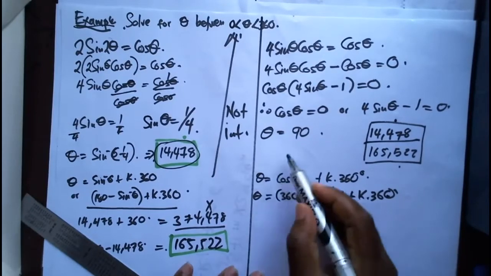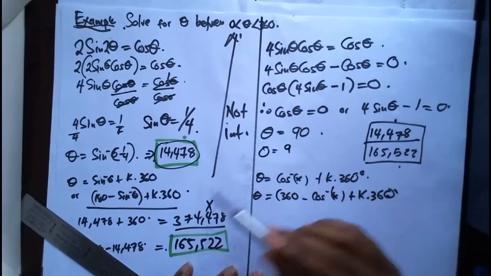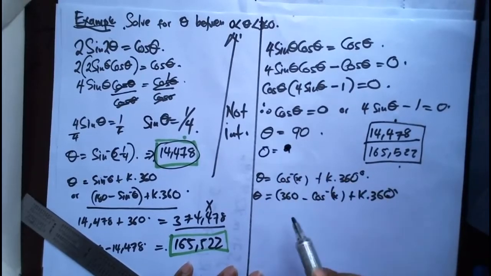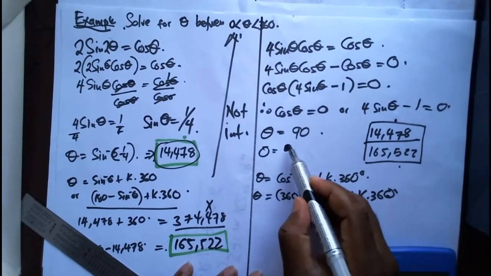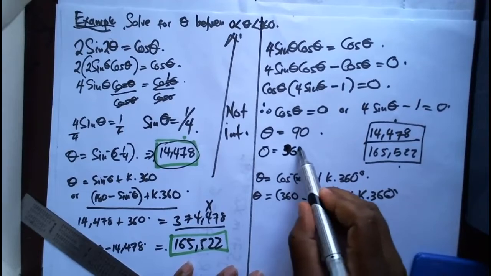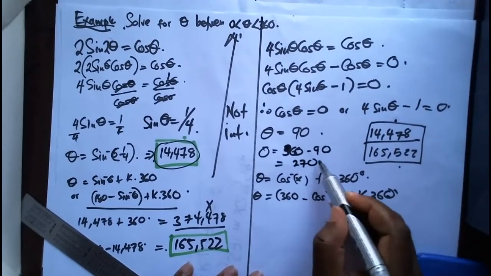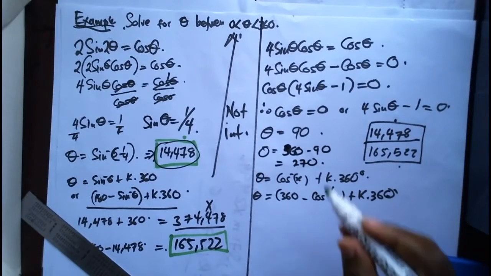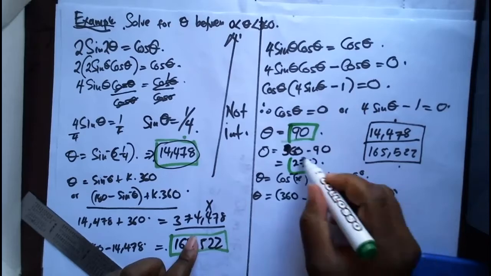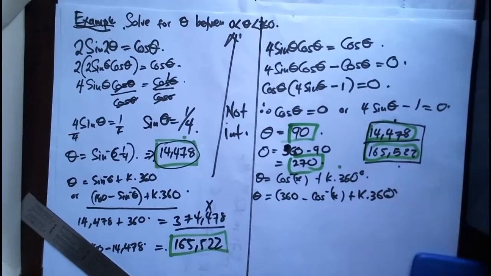So now I can say theta is equal to 90 plus 360. It goes out of range. But I can say, using this one, 360 minus 90. Then I get 270. So you can now see that if I use this method, I can get 4 solutions, which are the correct solutions.